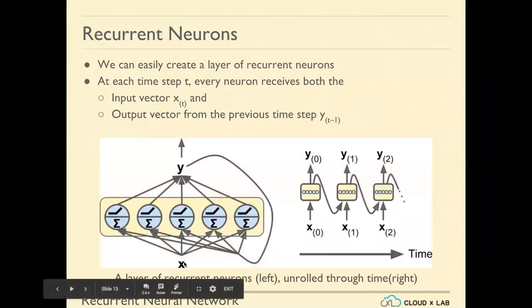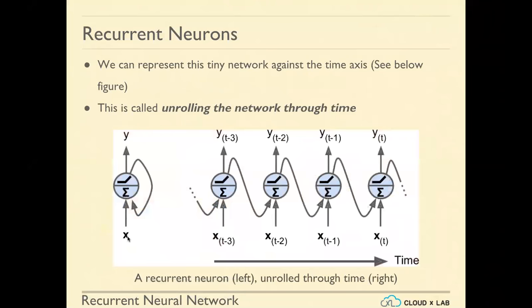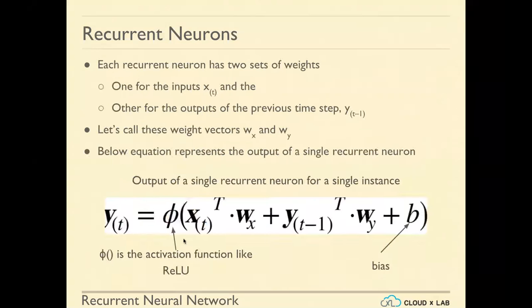So when we are feeding X to this one, we have W here, and we have W here. These two W's are different. We multiply X with Wx, and we multiply Y with Wy, and then we sum up both of them and add a bias to it and give the output. That's what is represented here.